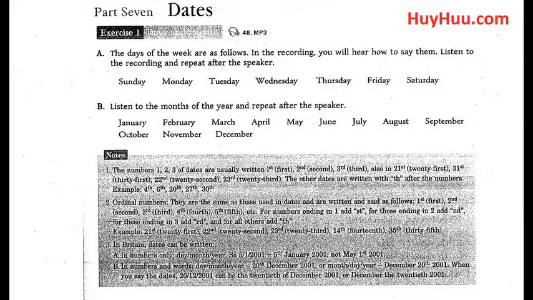B. In numbers and words: day, month, year, 20th of December 2001, or month, day, year, December 20th, 2001. When you say the dates, it can be the 20th of December 2001 or December the 20th, 2001.